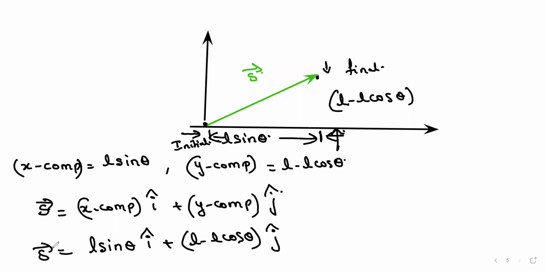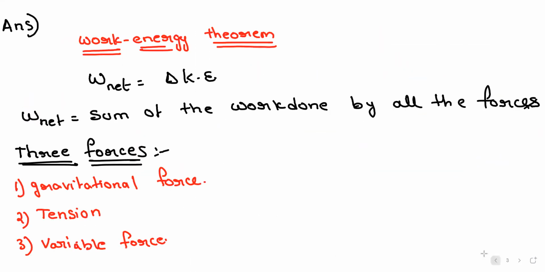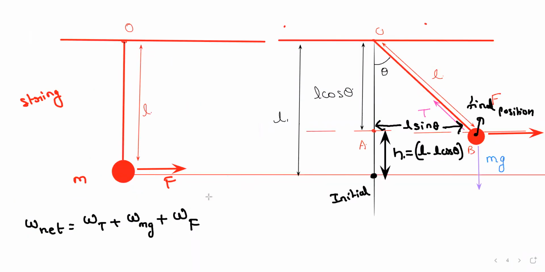So we have to find the work done by the horizontal force. What is the work done by a force formula? F dot displacement, right? Here the applied force is horizontal, so can I write the F vector as Fi?